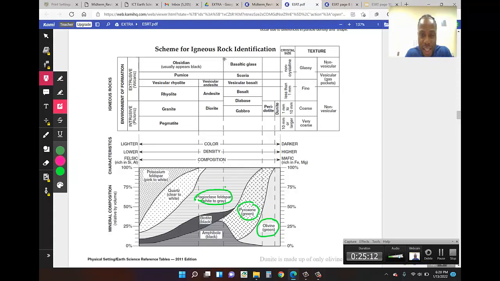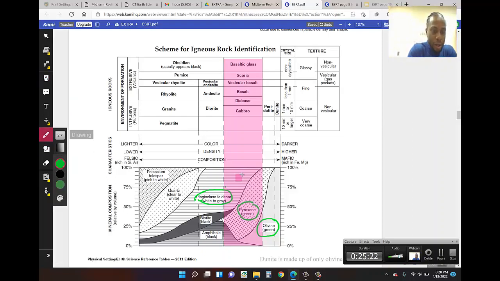Because these are the rocks that will have all these minerals in them: plagioclase feldspar, pyroxene, and a little bit of olivine. So it has to be one of those rocks: gabbro, diabase, basalt, vesicular basalt, scoria, and basaltic glass.